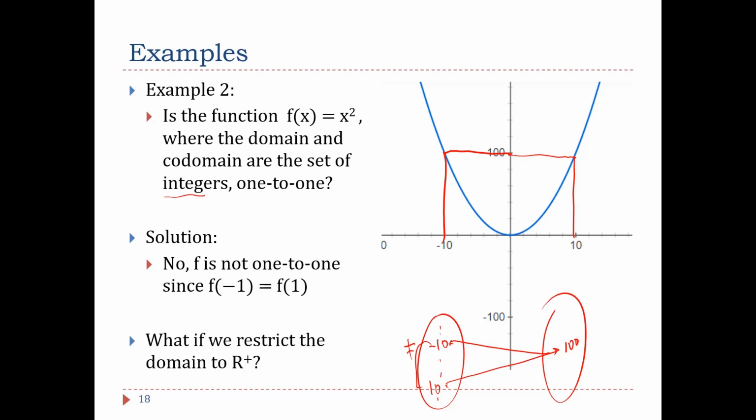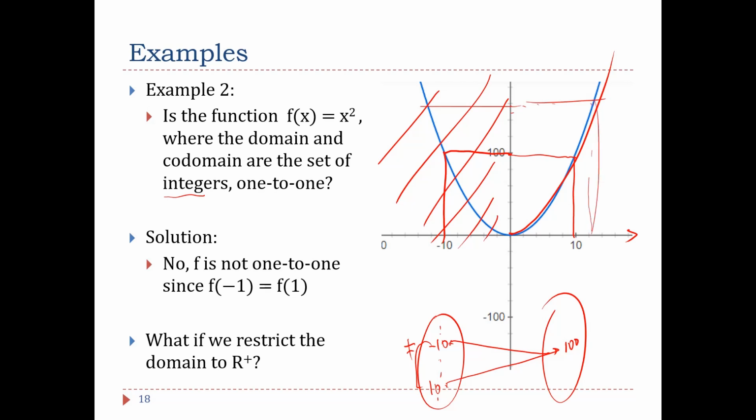If we now restrict the domain, and not the codomain, to R plus, this changes a little, because the curve is going from 0 upward, and every time you draw a horizontal line, you will only find one single value.